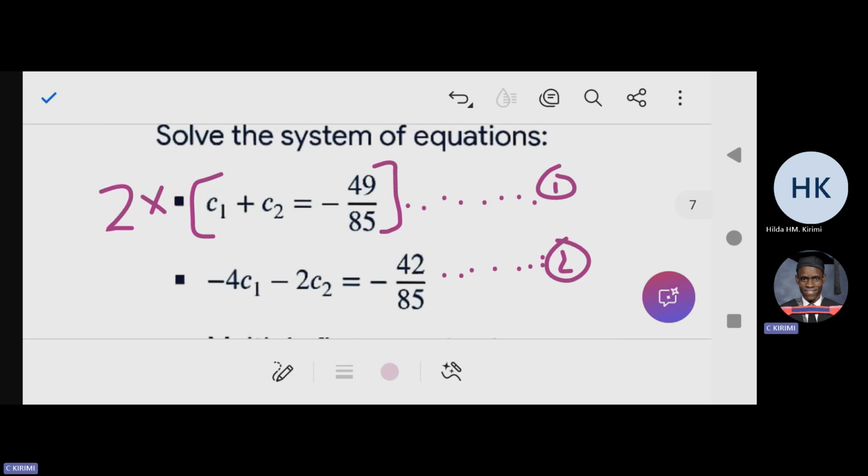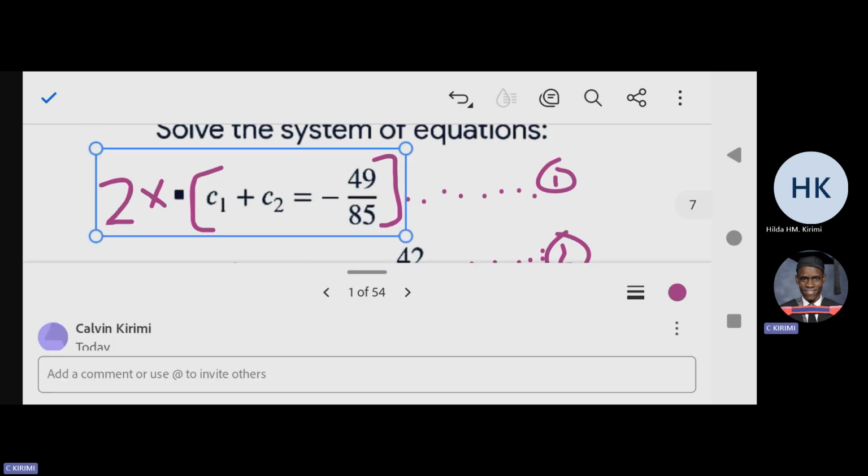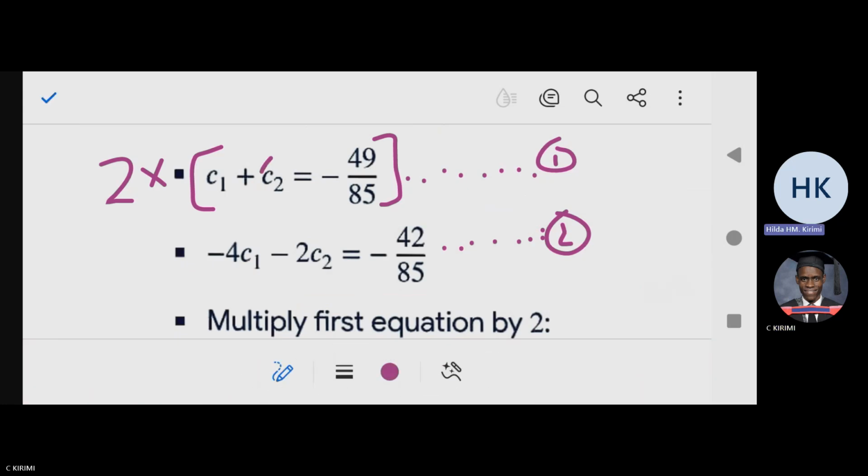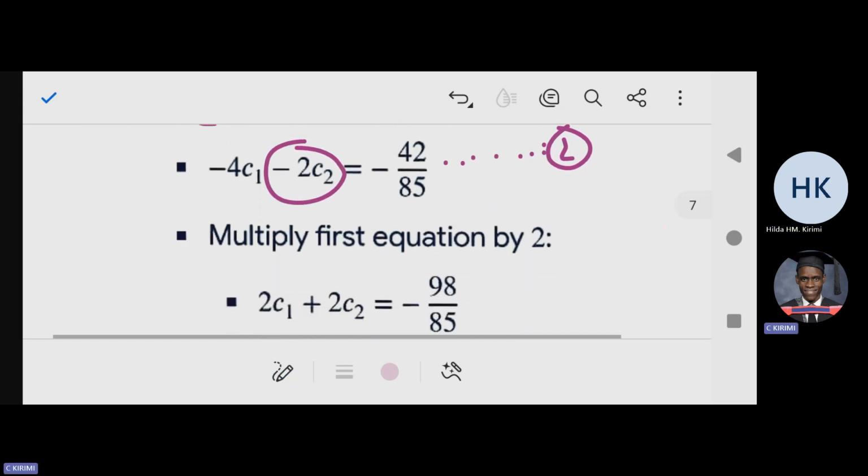So now we have 2C1. We want to eliminate C1. For now, we are eliminating only C1. We want to remove C1. That was the idea. For C2, I got 14 over 51.